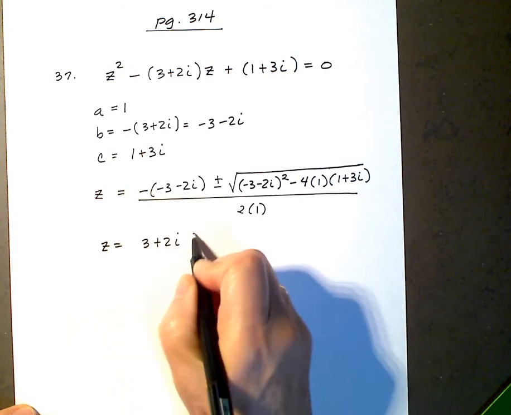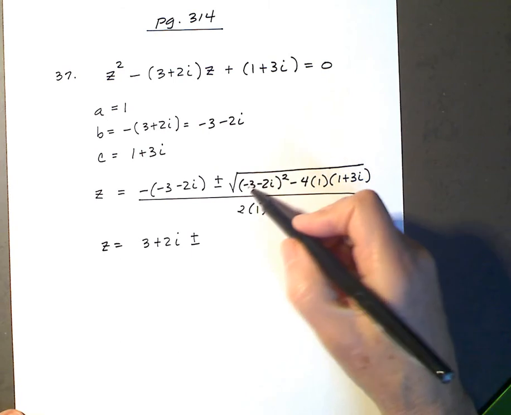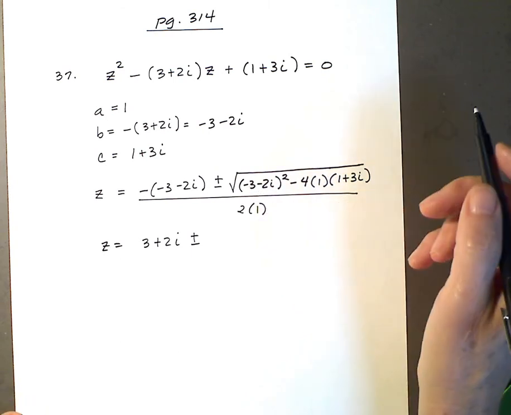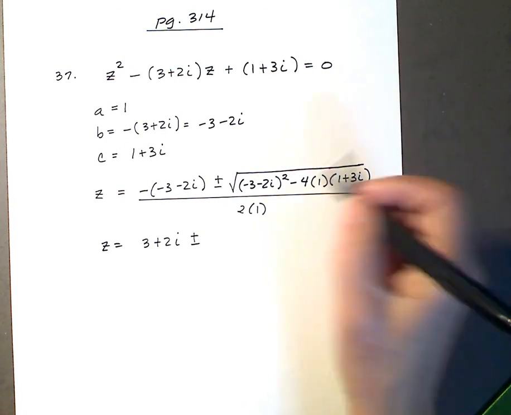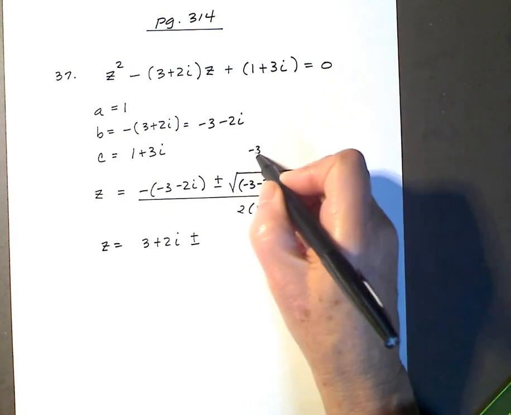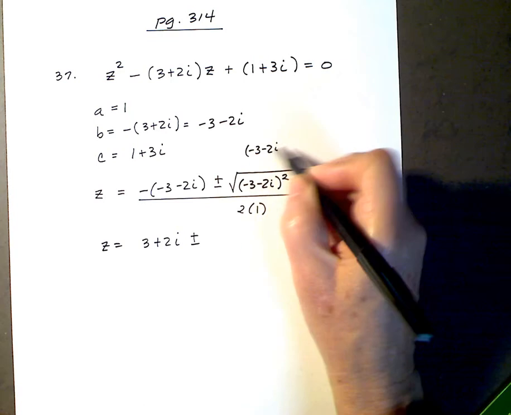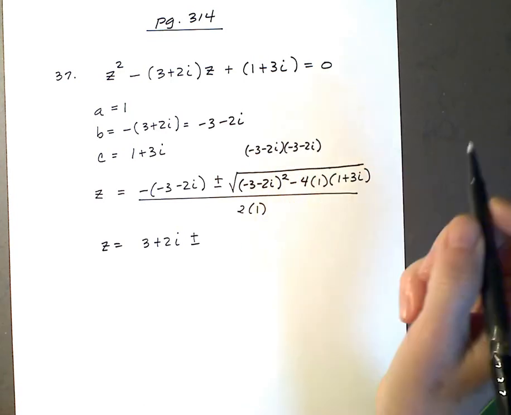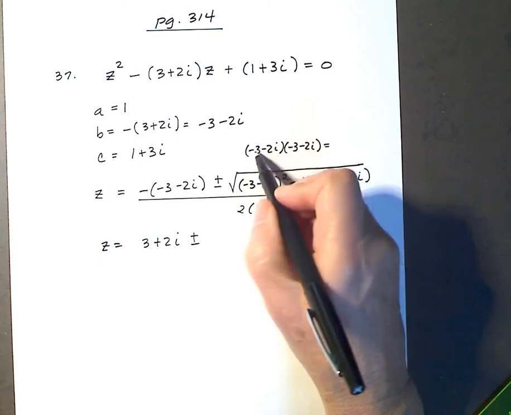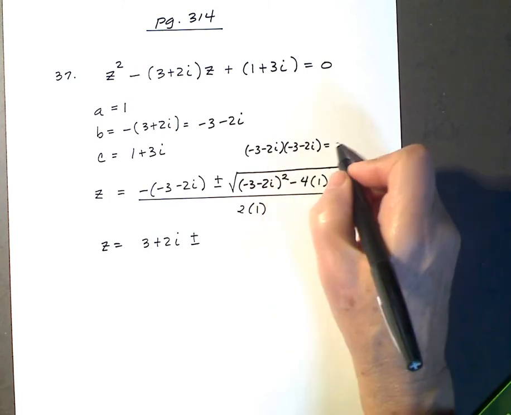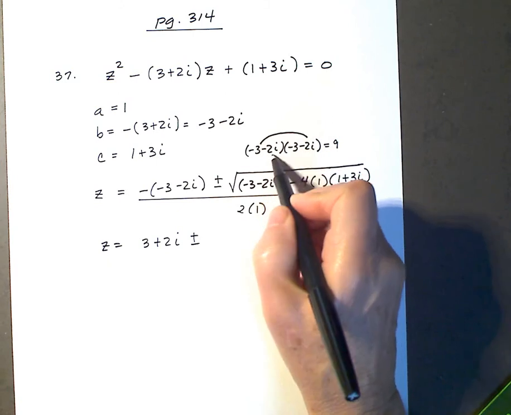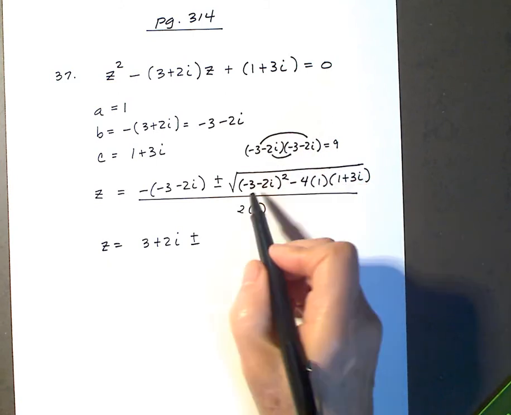plus or minus. Now, under here, I've got to square the negative 3 minus 2i. So if I do that right up above here, I know the pattern is always the same. I get the first term squared, which is negative 3 squared, or 9, minus 2 times the product of those.